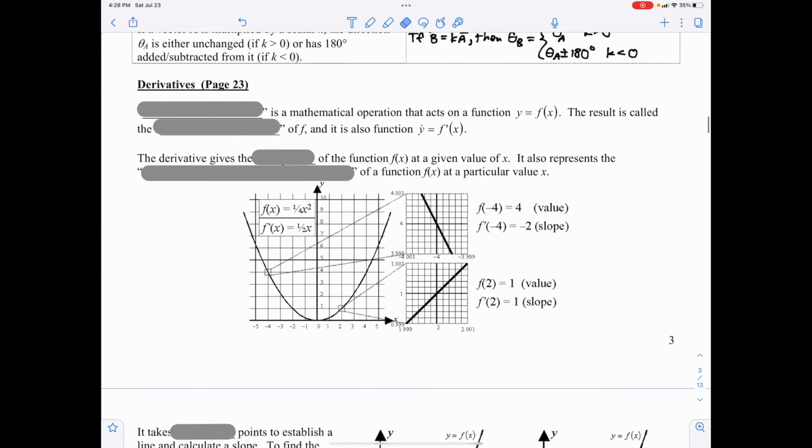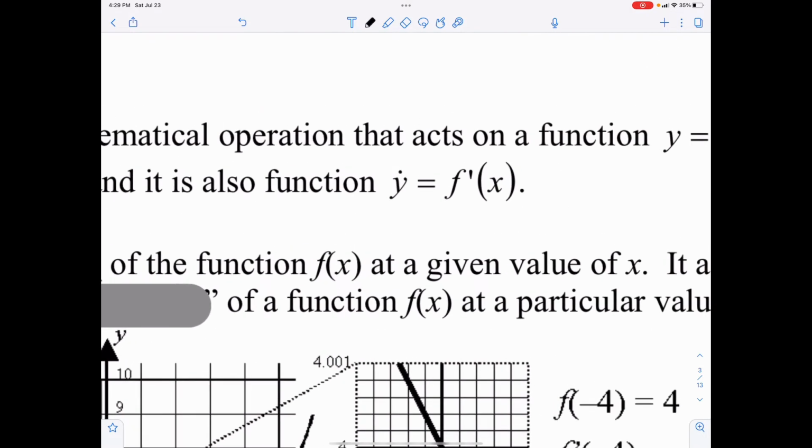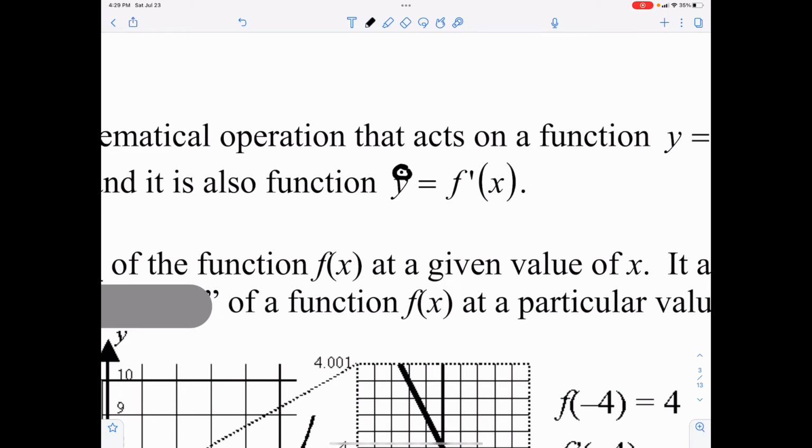Derivatives. Differentiation is a mathematical operation that acts on a function y equals f of x. The result is called the derivative of f, and it is also known as y prime. Sometimes it's noted with a little dot over.